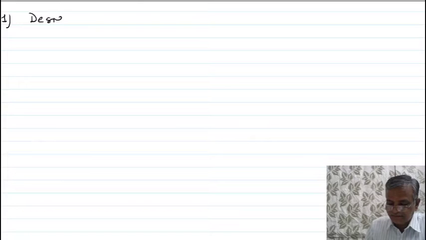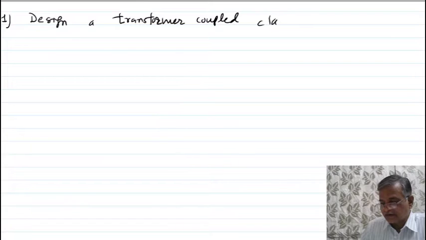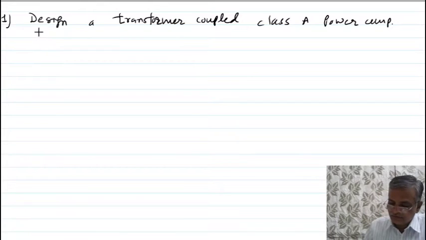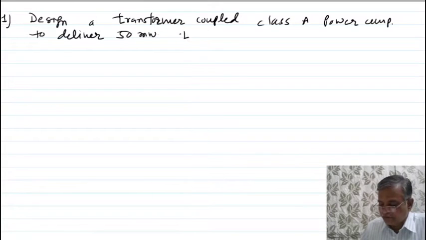Design a transformer coupled class A power amplifier to deliver 50 milliwatt AC power to the 4 ohm load.